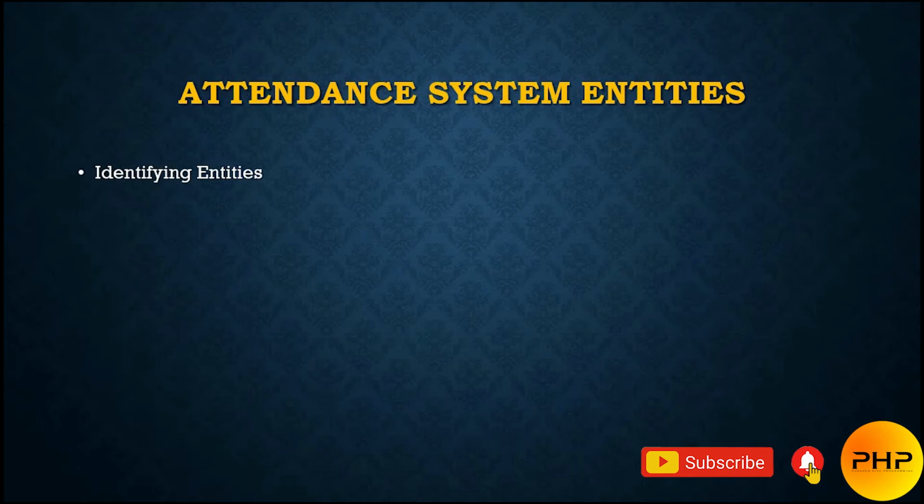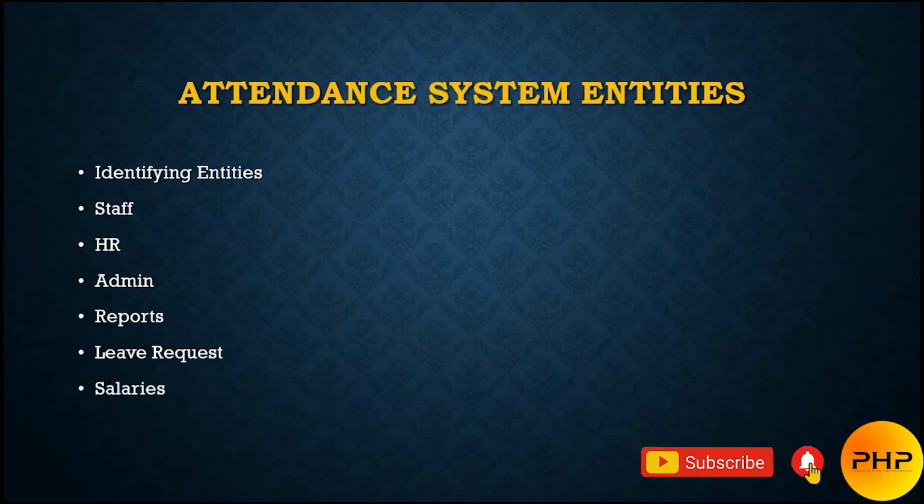Until you identify entities, you cannot apply and draw the diagram. Your staff, HR, administrator, report, sending your leave request, salaries, and the database. You can think aloud and come out with any other entities.